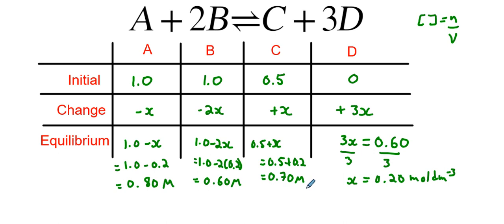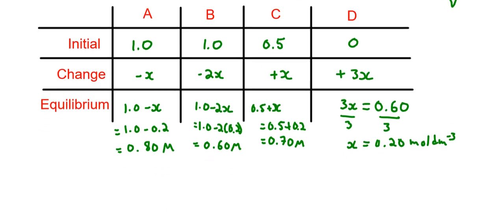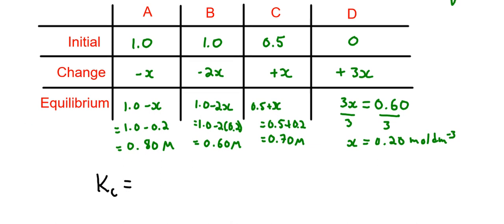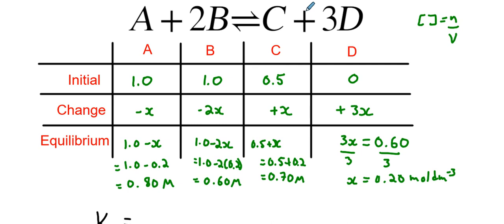So we have all our equilibrium concentrations now, which means we can sub this into our equilibrium expression. Now, for the equilibrium expression, we have to remember how to write out the expression for our equilibrium constant Kc. It's the products raised to their coefficients over the reactants raised to their coefficients.